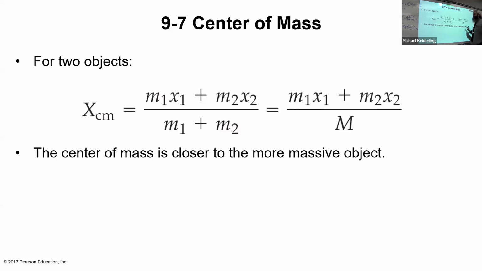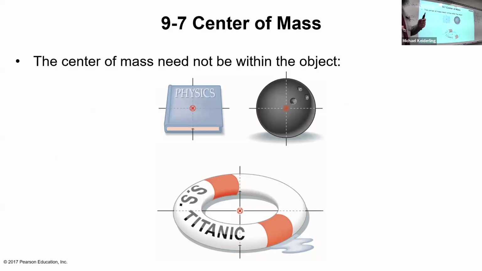Now the center of mass is closer to the more massive object if you have two objects. If you have multiple objects, or if you have a funky shape, the center of mass doesn't need to be within an object. For an object that is convex, like a book or a bowling ball, it will be.